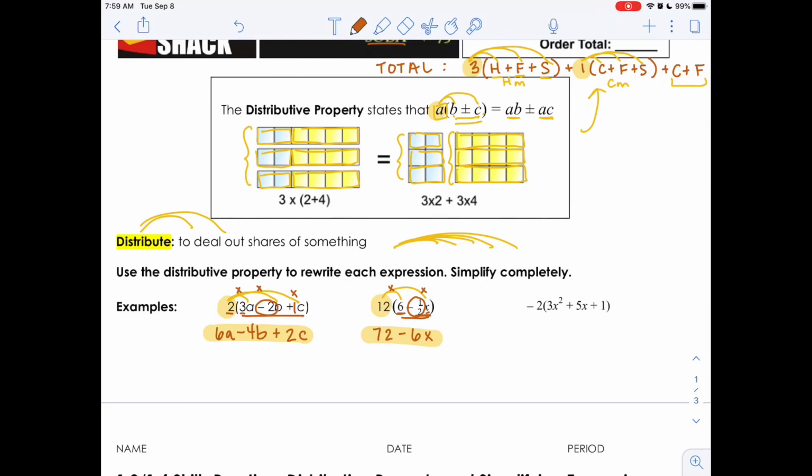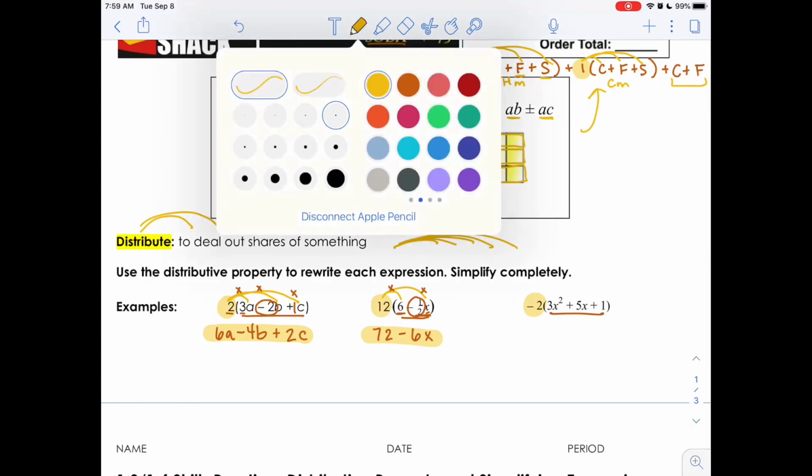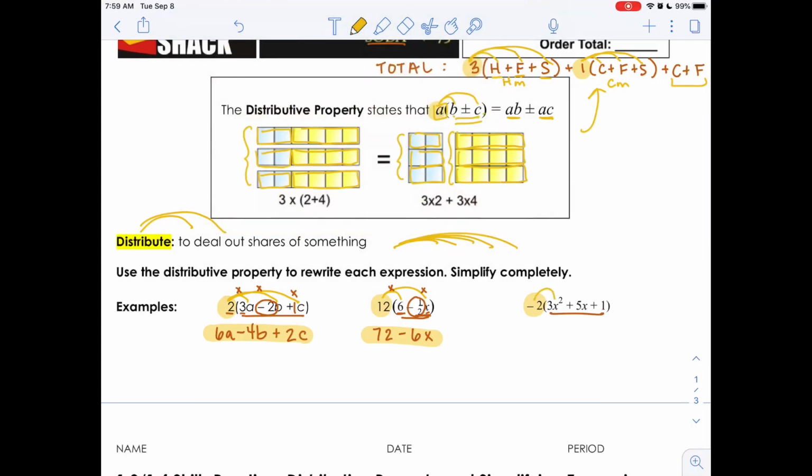Okay, on this last one, I have a negative 2 out in front. I have negative 2 of this. So what that means is I'm going to pass out a negative 2 of these, negative 2 of these, and negative 2 of those. And when I'm passing out, I'm using multiplication. Oh, first I should check. 3x squared plus 5x plus 1, there are no like terms.